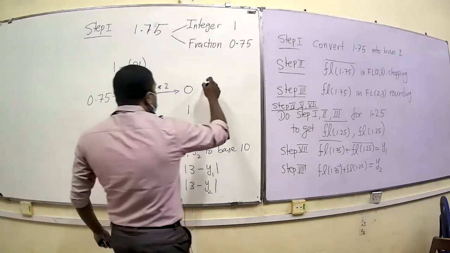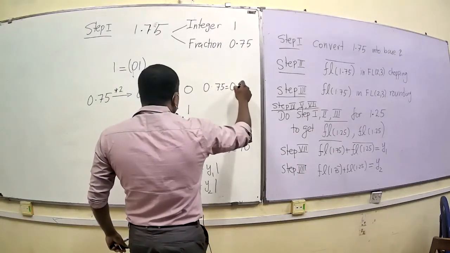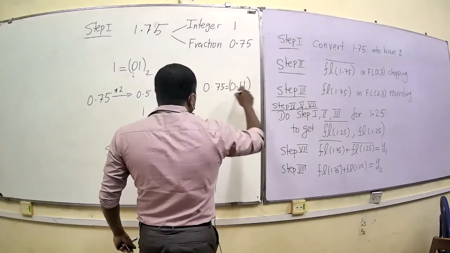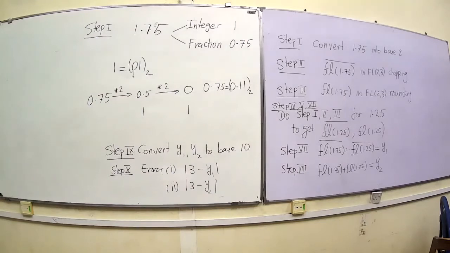So 0.75 is 0.11 in base 2, right? So you have a number here.